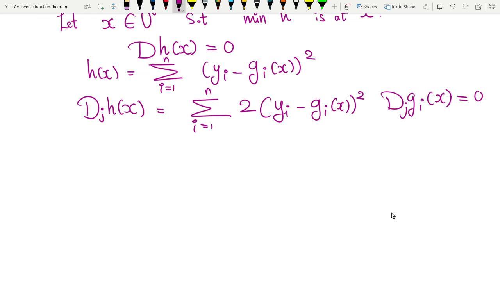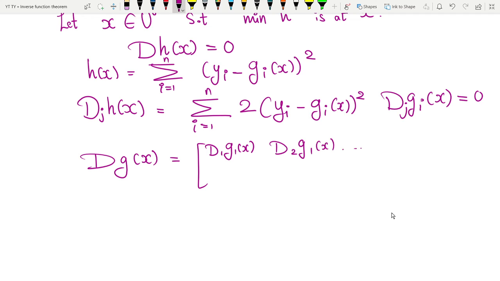Now by using this, what is my dg of x, by the way? My dg of x is actually nothing but that matrix: first row d1g1(x), d2g1(x), and so on up to dng1(x), and so on, down to the last row d1gn(x), d2gn(x), dot dot dot, dngn(x).